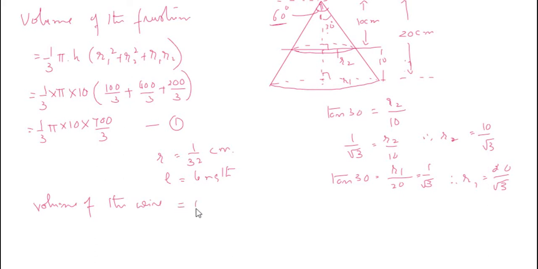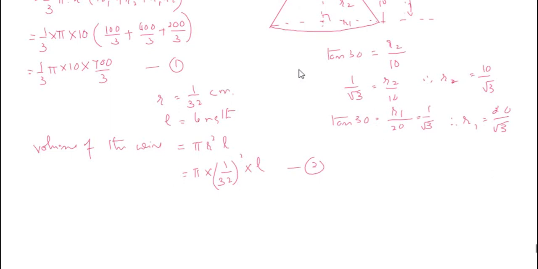Volume of a cylinder is pi r square h, but here it is the length, so I'll write as L. So pi into r square is 1 by 32 whole square into L we do not know, we will take this as 2. Now volume of this wire is equal to volume of this frustum of cone, because wire is prepared from this frustum. So let us equate those two.